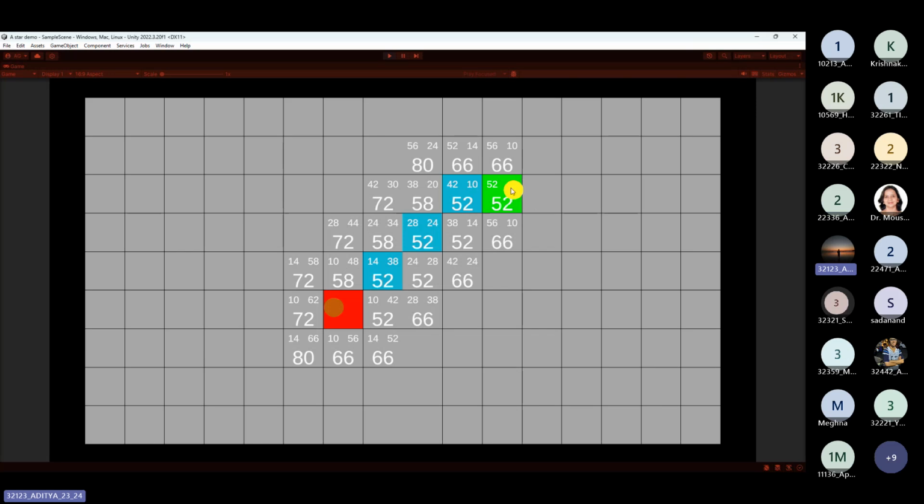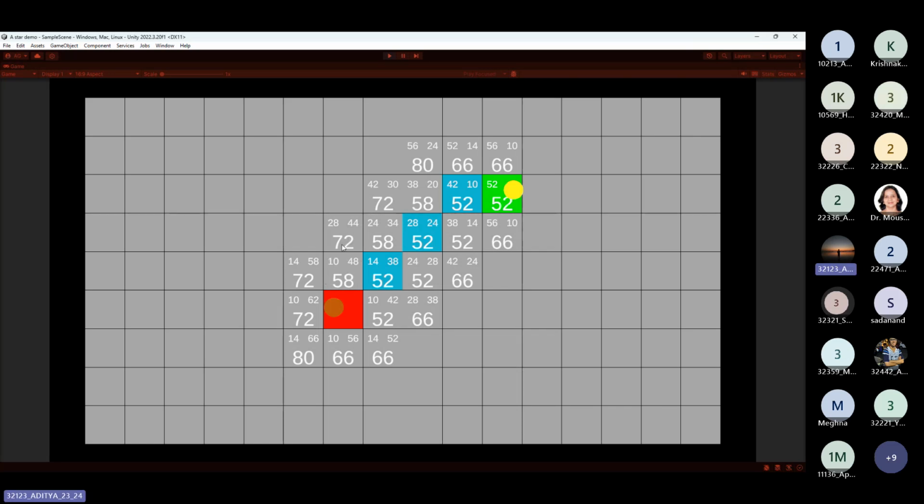Here the green colored node is the end node and the current node is here, which we are calculating. From this node, I would need to go two spaces diagonally and two spaces horizontally, so that would add up to 48. So the H cost going from this neighbor to the end node is 48, and this big number here is the F cost, the sum of G cost and H cost.